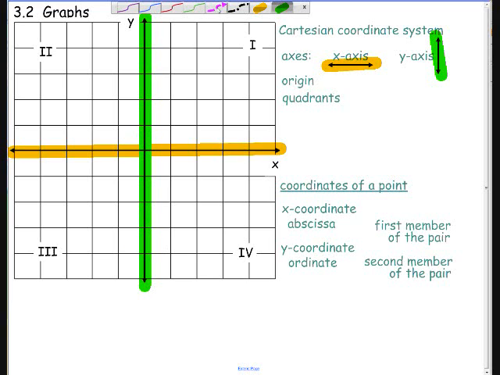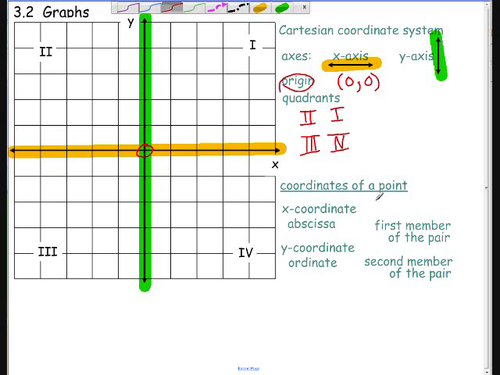Our origin, which is where they intersect, that's at (0, 0), right? And then our quadrants, we've got 1, 2, 3, and 4.